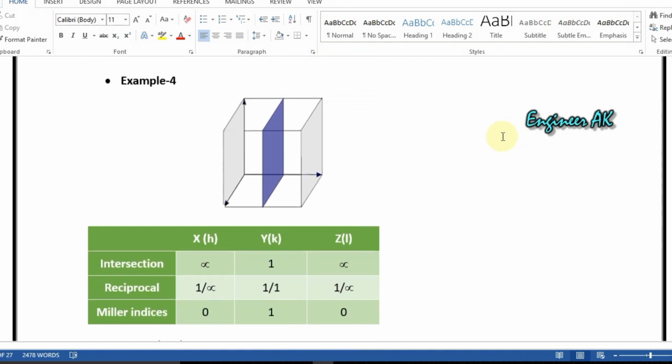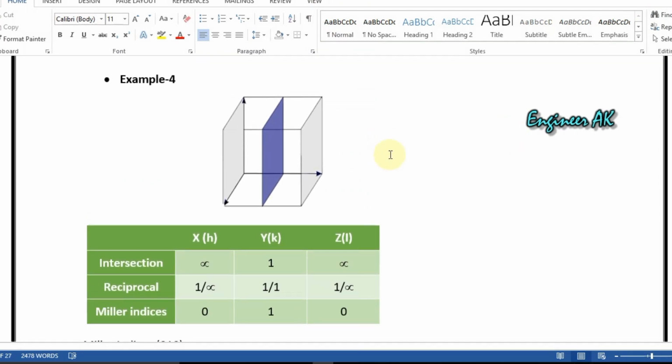So let's move further. Here is another example. In this example we are going to find the Miller indices of this plane. You can take this as your origin, or you can also take this one.